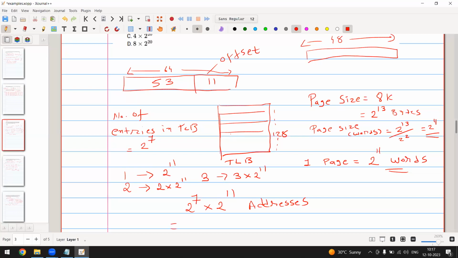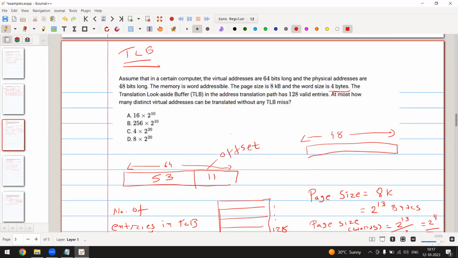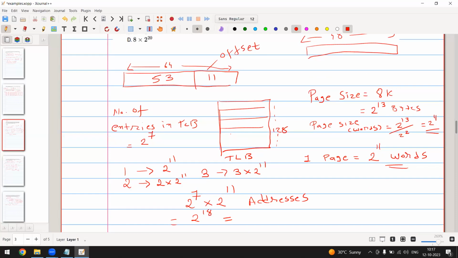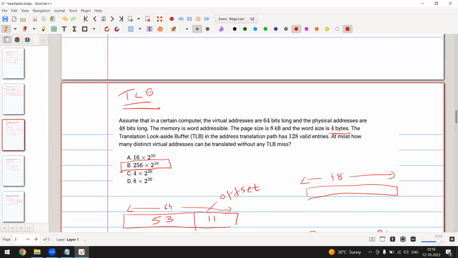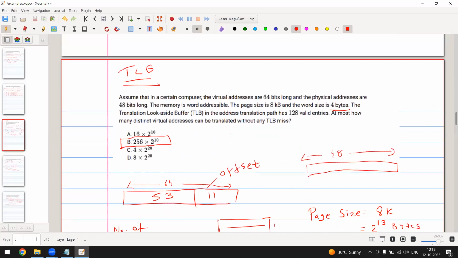If I translate this into 2 raised to 18, it simply means this option: 256 into 2 raised to 10, that is 2 raised to 10 into 2 raised to 8, and 2 raised to 8 is equal to 256. So I can form 256 into 2 raised to 10 addresses from the TLB.